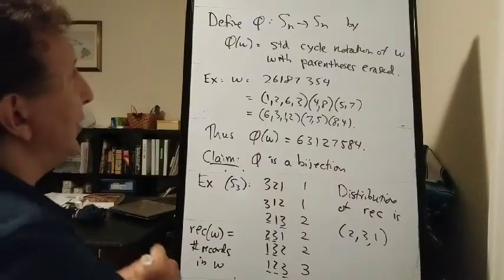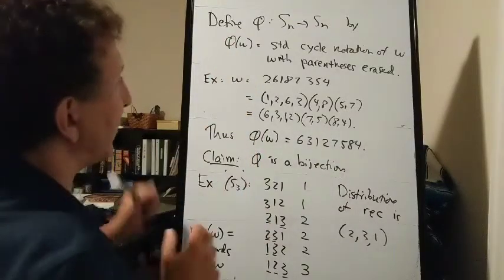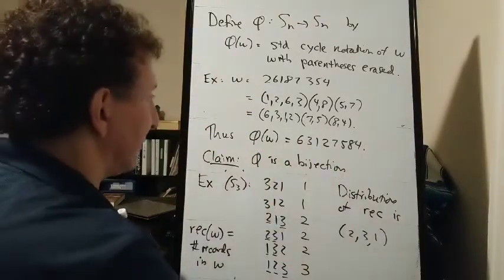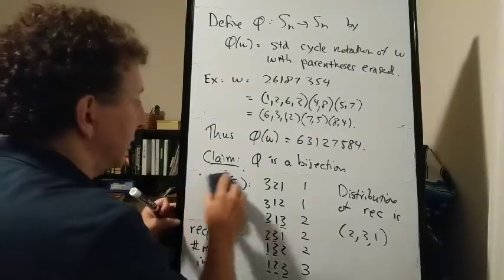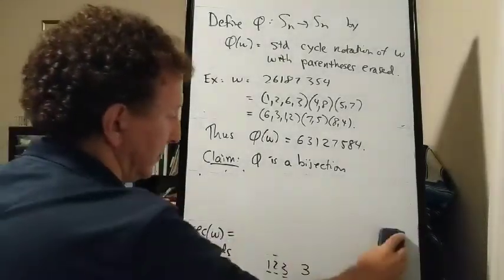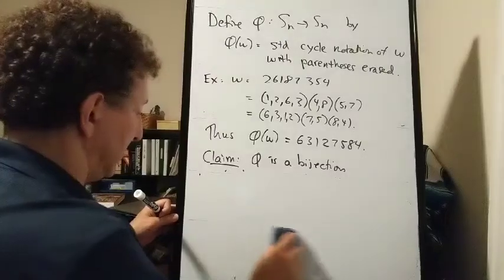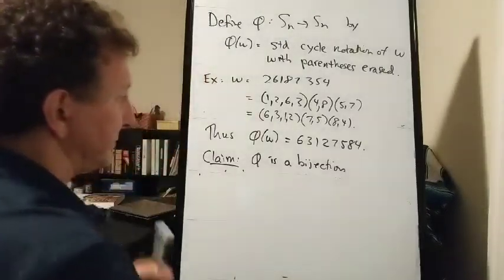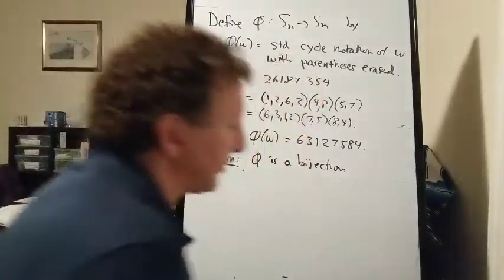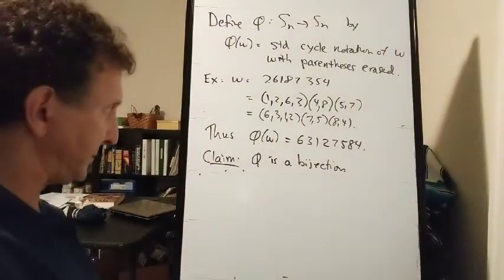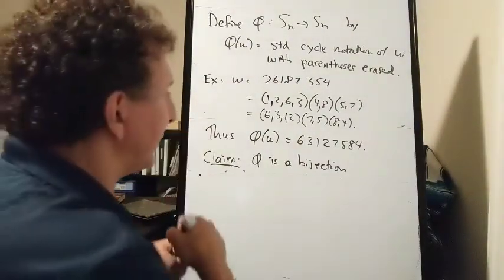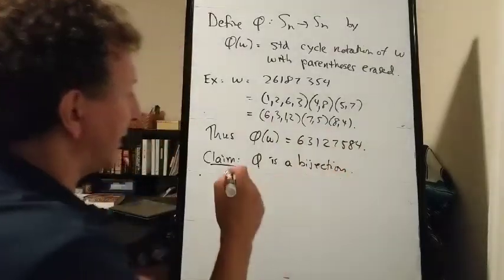So we can't have two different permutations W that map to the same place here. And an injective map from a set to itself has to be a bijection.